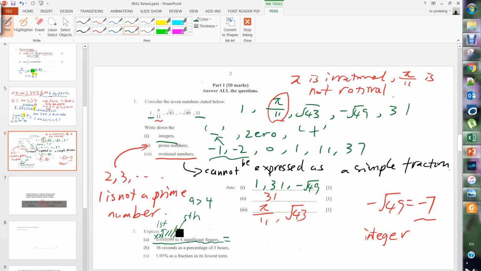So you end up with what? 0.01019, you add 1 to it, you end up with 0.01020. Okay? To maintain 4 significant figures.